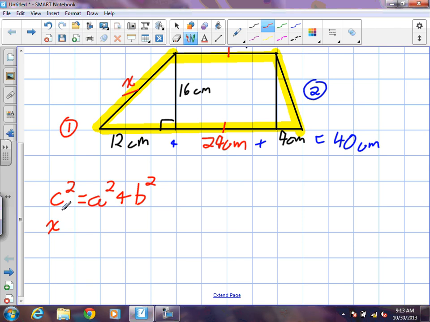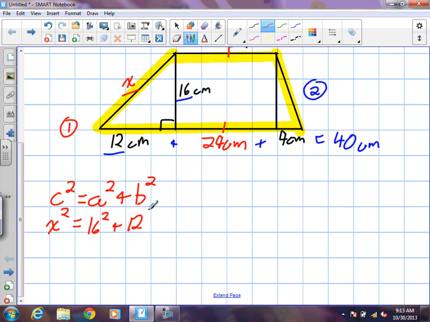What will a be? 12. Which one's right? They're both right. It doesn't matter which one I call A or B. They're both legs of the triangle. Let's go with 16 is A, and B is 12.